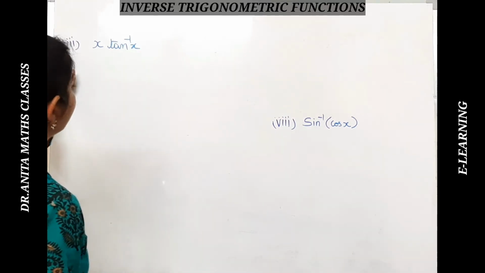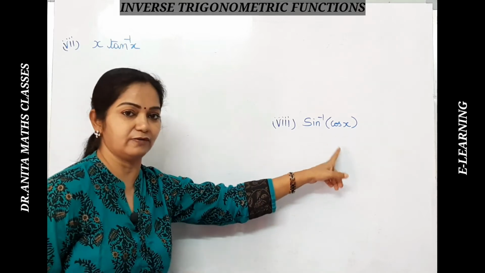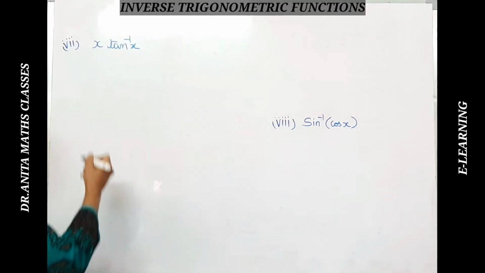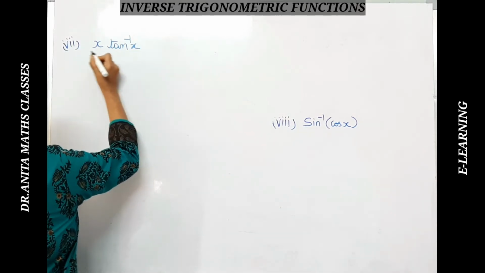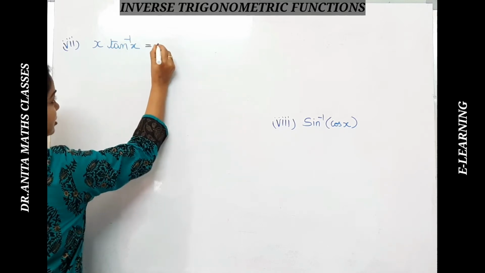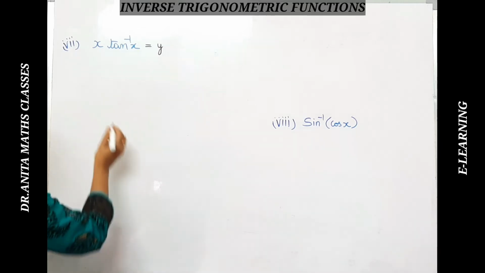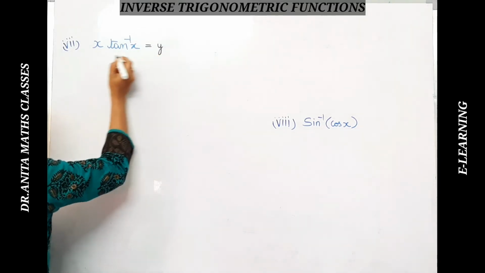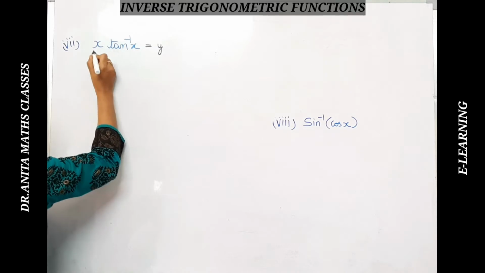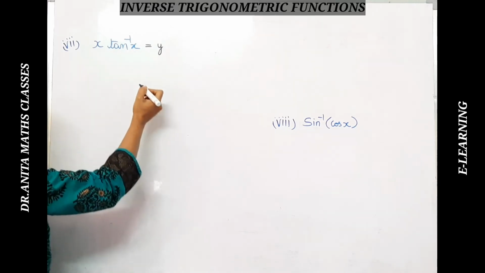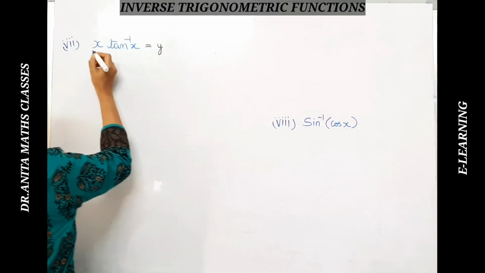And from the seventh one we have the inverse trigonometric involved sums. Here the seventh one, let me suppose this as x tan inverse x is y. So differentiating with respect to x, there are two functions u and v, so the product rule we need to apply here.